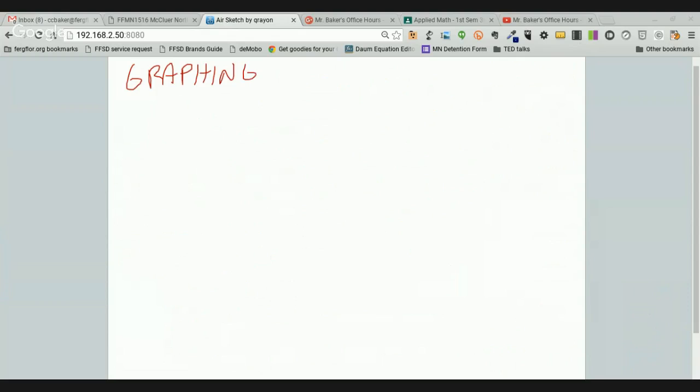Graphing is probably going to be best if they are already in slope-intercept form, both of them. And if the solution comes out as an integer.